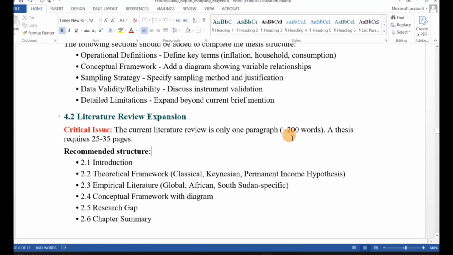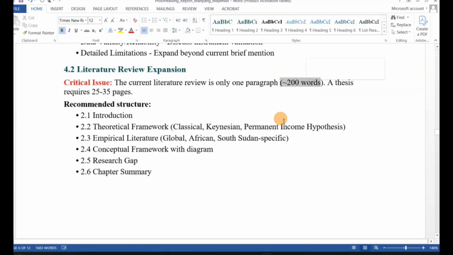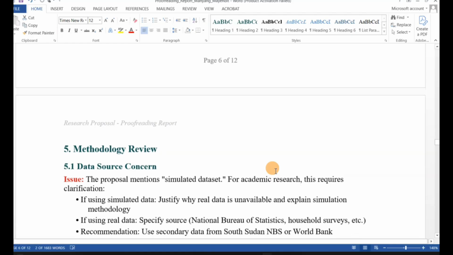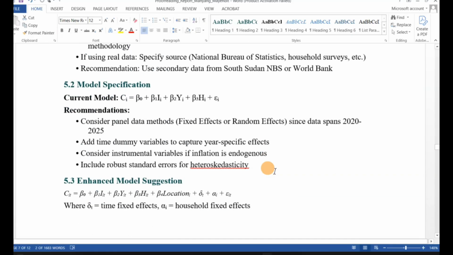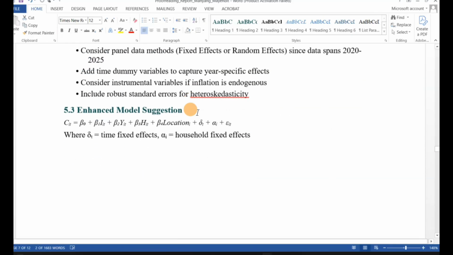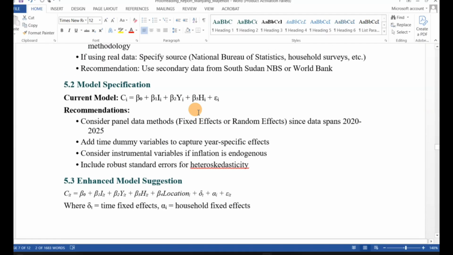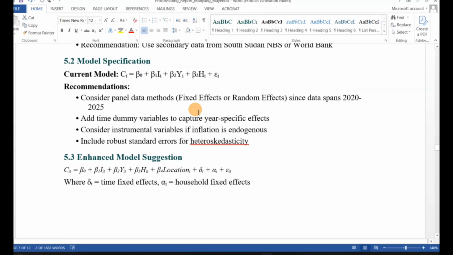So the issue here from your colleague is that he will be suffering from the literature review being only 200 words. Let us look at the model specification. One comment from your colleague is that he is using location. That's why we need to add a panel.